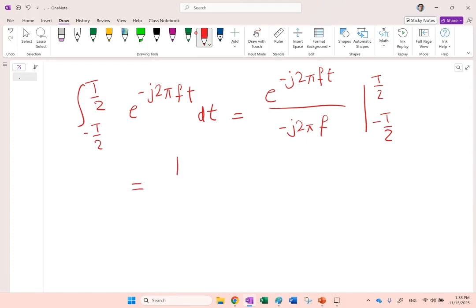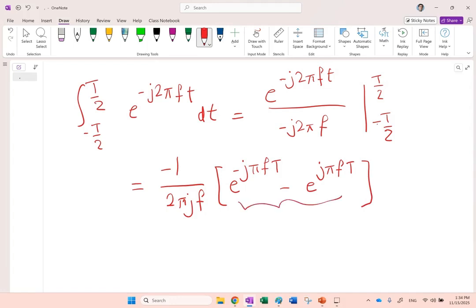So it is going to be negative 1 over 2 pi j f, and then in that one for t, you replace it. So it is going to be e to the negative j 2 pi f. Now that 2 and that T over 2 can cancel, and you just get pi f T, minus e to the, now that negative and that negative would cancel, so you get positive j pi f T.